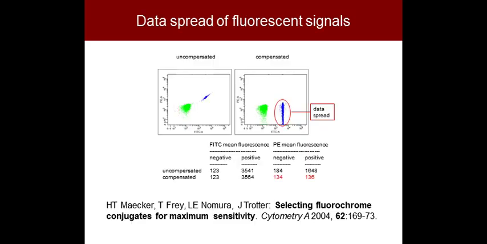All right, so getting back to this spillover issue, here you see in the left panel an uncompensated set of FITC beads being run on an instrument and looking at both FITC and, in the y-axis, PE fluorescence. And you see this blue population up at a diagonal, right?